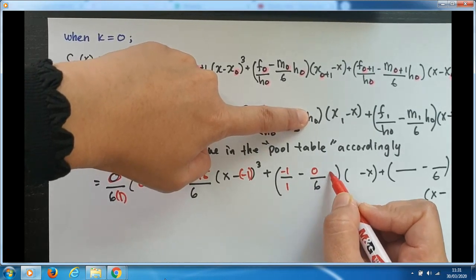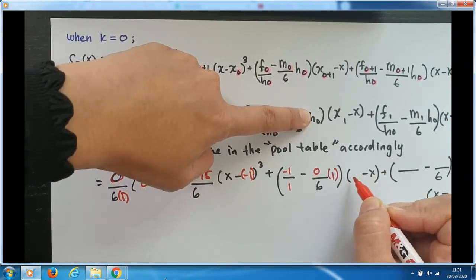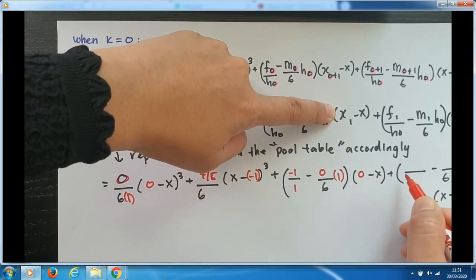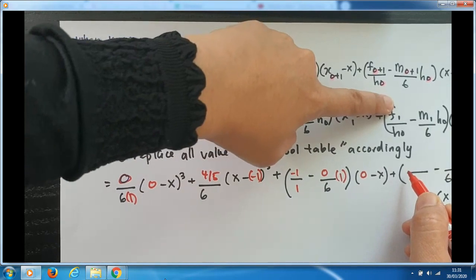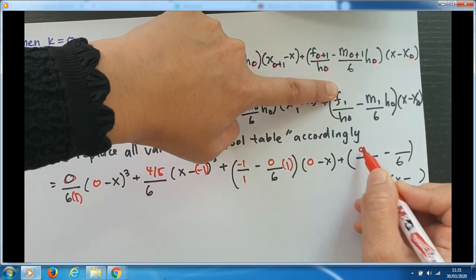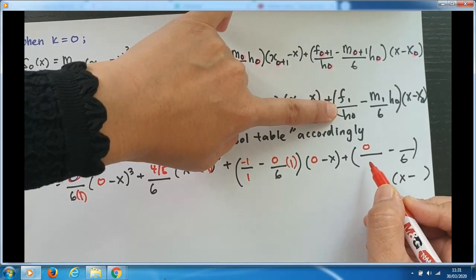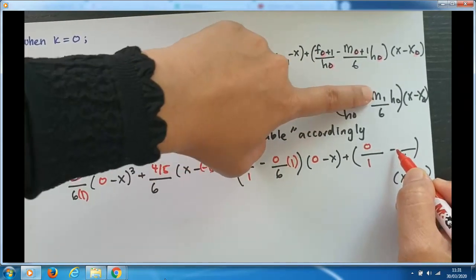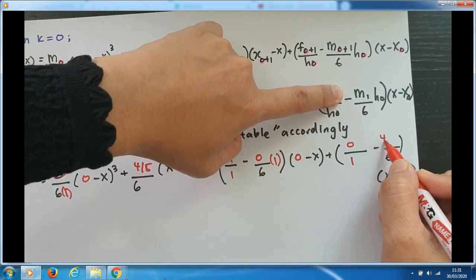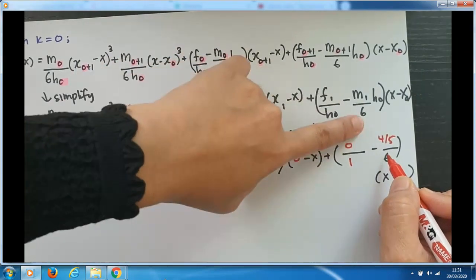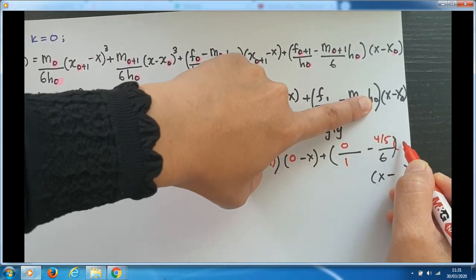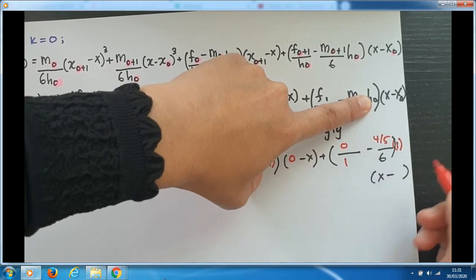H0 is 1. Okay. And then saya ada X1 is 0. And then F1 is 0 over H0 is 1, minus M1 is 4 over 5 divide by 6, times dengan, kat sini ada times H0 is 1. Okay.